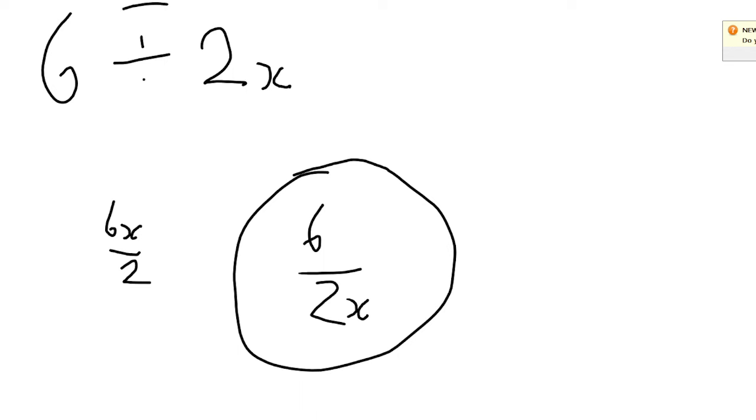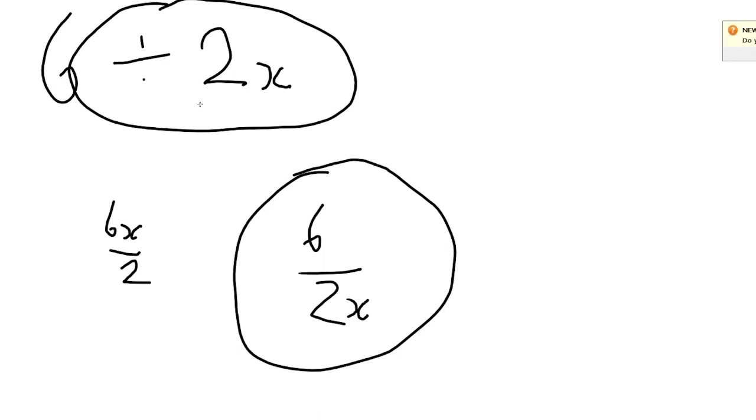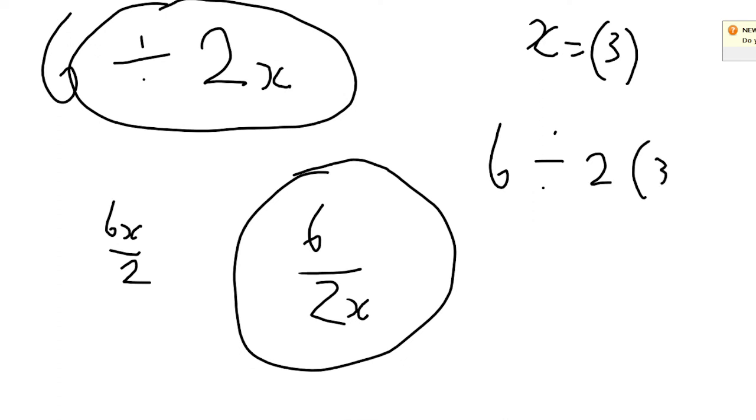Because this is on the right of the divisor sign, don't forget that still means 2 times x. So if x equals 3, like it does in our example, and the 3's in brackets, 6 divided by 2 times 3, why does that change it? A variable's always going to be a number in an application. So why does this change it?